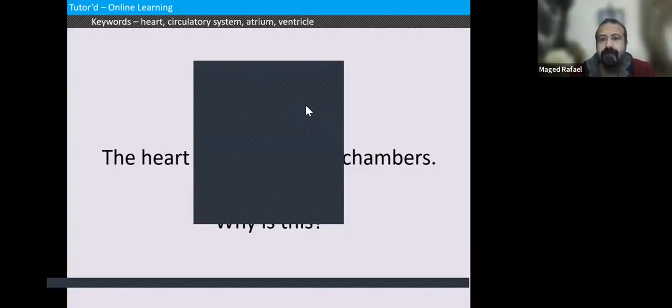This is perfect. So now you know that we have 2 sides, oxygenated side and deoxygenated side. The right side of the heart carries deoxygenated blood and the left side of the heart carries oxygenated blood.